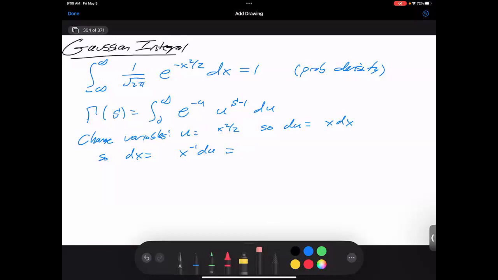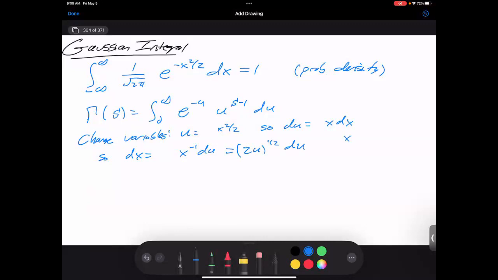No, I want to solve for x. So if u is x squared over 2, what does x equal as a function of u? Square root of 2u. So it's just going to be 2u to the 1/2 du. So we now can replace dx with 2u to the 1/2 du.